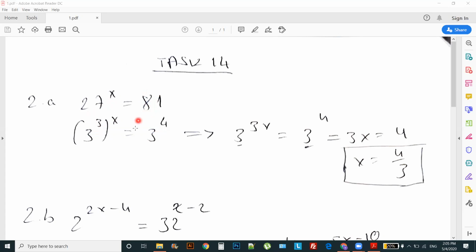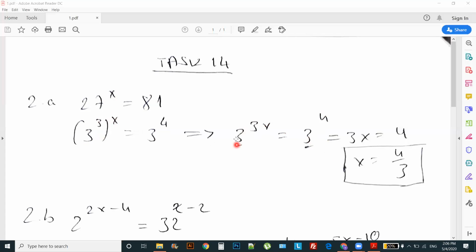All right, so 3 to the power of 3 for 27, and the power is x. X is the power of 27, so it's going to be 3 to the power of 3, to the power of x, equals 3 to the power of 4, right? The power of power will be multiplied. So I'm going to say 3 times x, that will be 3 to the power of 3x equals 3 to the power of 4.